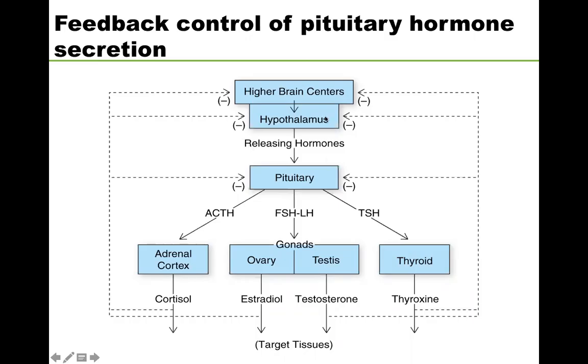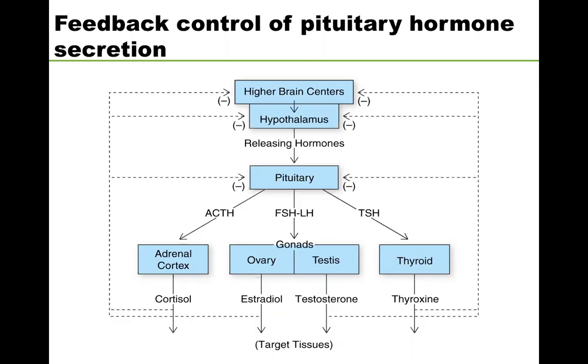As such, the hypothalamus does not release TRH, thyroid releasing hormone. That acts on the anterior pituitary, causing no release or less release of TSH. As such, thyroxine will reduce. So it's a negative feedback that works continuously as and when required.